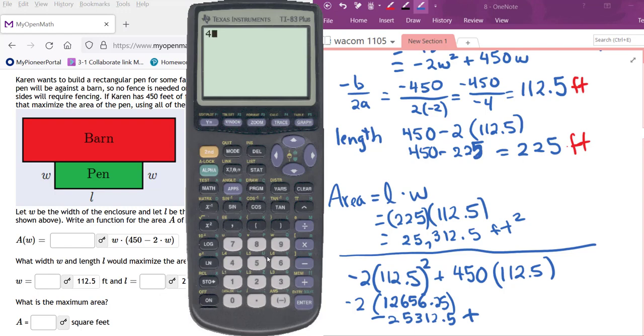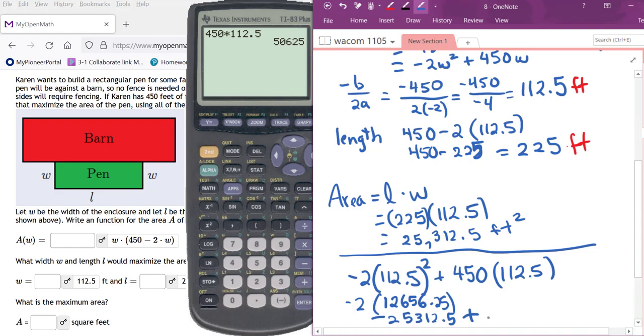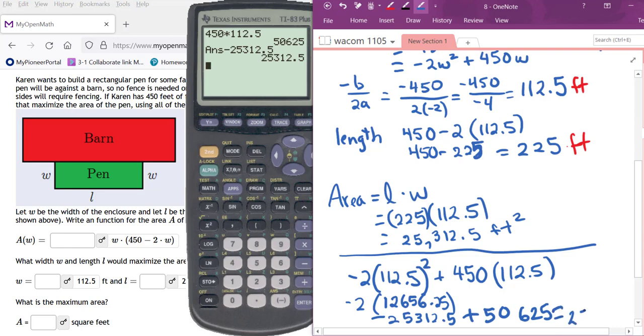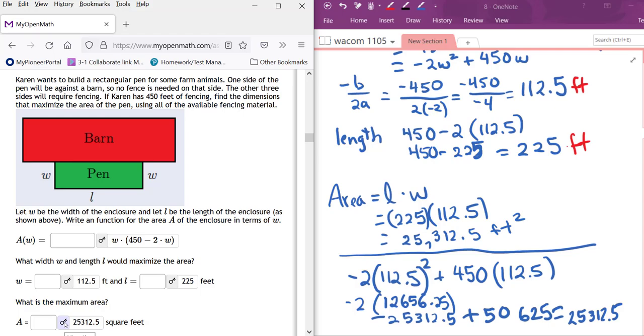So 450 times 112.5 equals 50,625, and then we will subtract 25,312.5. And we come out with the same answer as we did going the other way. It's 25,312.5, and this is in square feet. We'll double check our answer over here. So we're good.